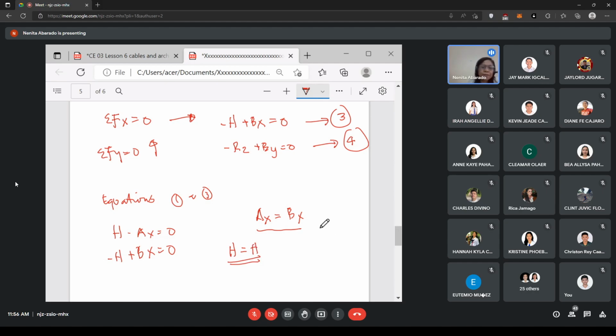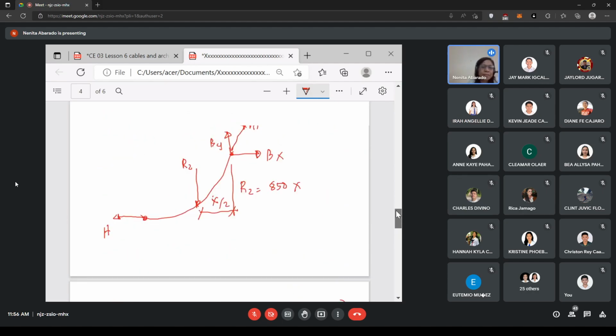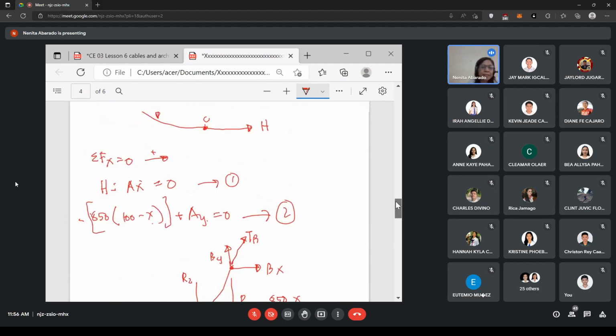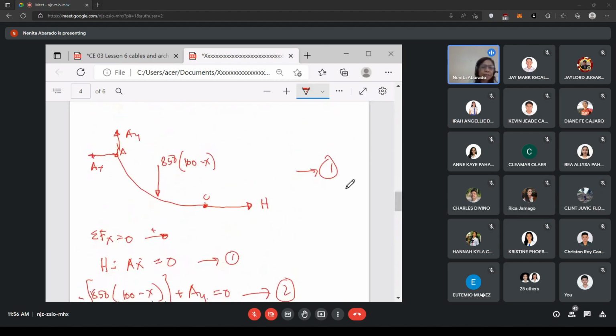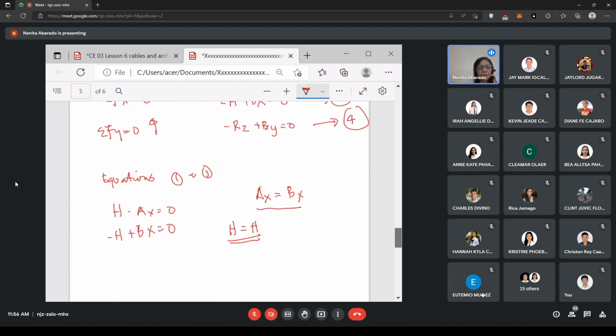So let us first get the value of H. We can get it by taking moments. Why do we need a moment here? Because we have two unknowns, and we can get the value of H. Okay, so let's say the summation of moment at point A is equal to 0.